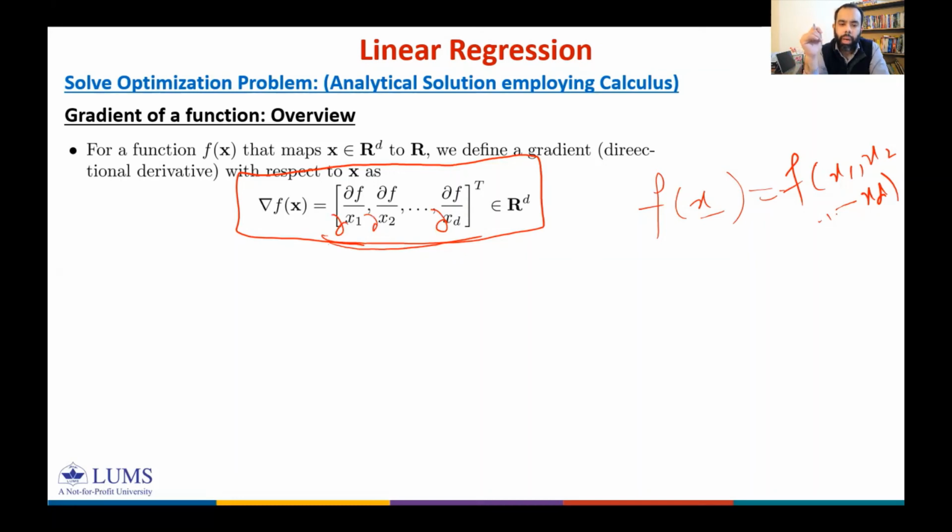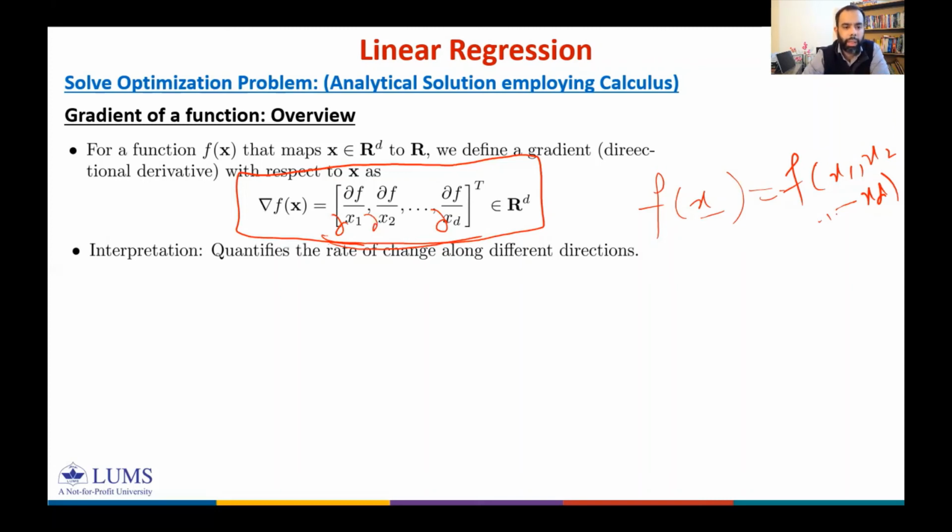Similarly, partial f over partial x2 is the rate of change of the function with respect to x2. So gradient can be interpreted as quantifying the rate of change along different directions, or with respect to different variables x1, x2, xd.